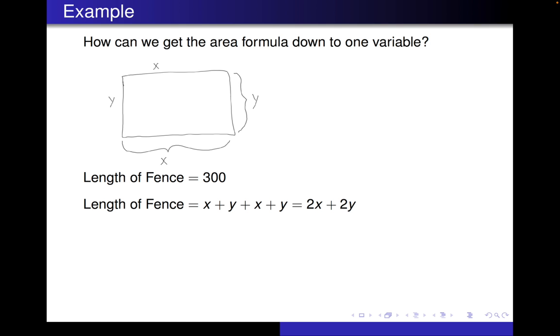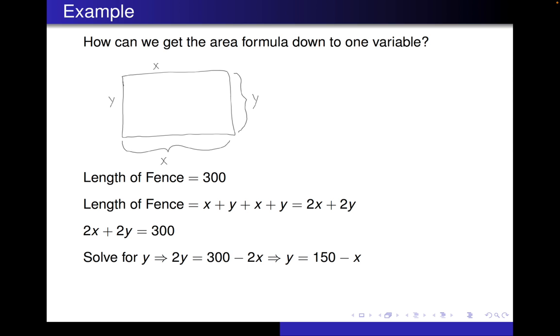Now, since both 300 and 2x plus 2y represent the exact same quantity, the length of the fence, that means they have to be equal to each other. And that allows us to solve for one of the variables in terms of the other. And since we want our eventual formula to be in terms of x, I'm going to solve for y. To get 2y equals 300 minus 2x. Then if I divide both sides by 2, I end up with y equals 150 minus x.